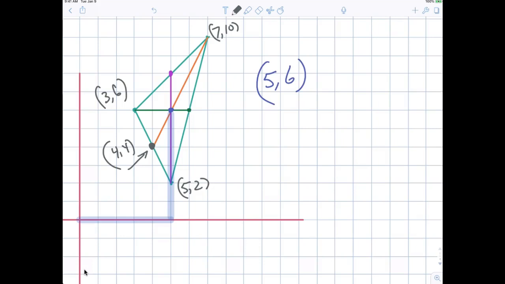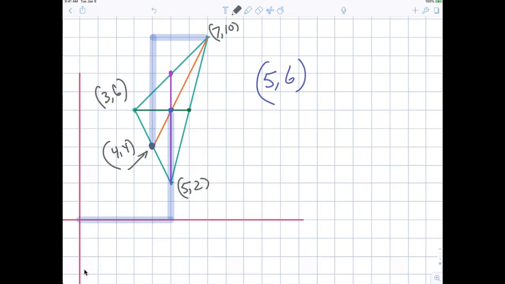Now, in order to write the equation of a line, I need to find a point and I need to find a slope. So right now, I need to find this slope from here to here. From 4, 4, I went up how many? 6. Please, guys, I want you to be good at this. Pay attention.